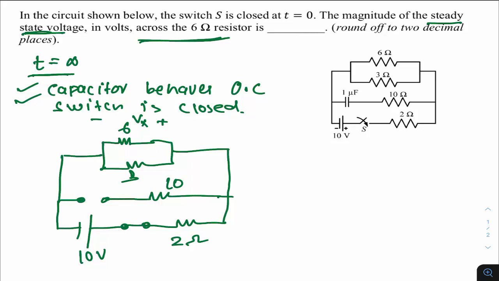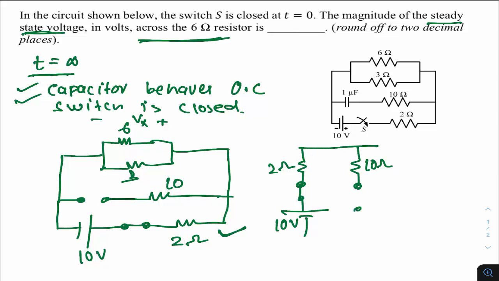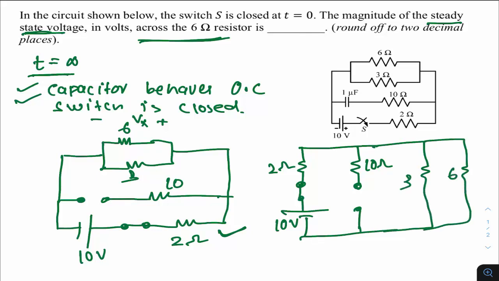For this particular branch, we have a 2 ohm resistor, then the switch, then the 10 volt source with this polarity, then this 10 ohm resistor, then the open circuit for the capacitor, and then we have 2 more resistors, 3 ohm and 6 ohm, which are in parallel. So this is 3 and this is 6. This voltage Vx we have to find. Polarity is not given, but magnitude is asked, so whichever polarity you take, it doesn't matter.